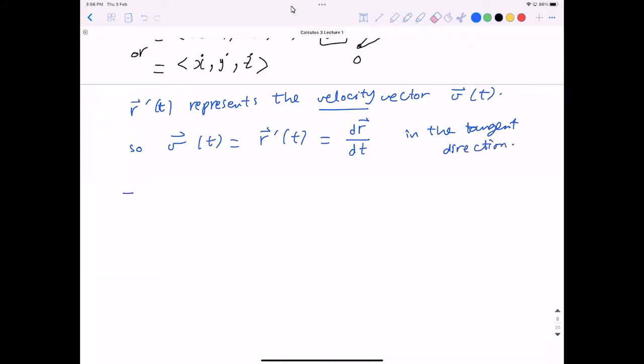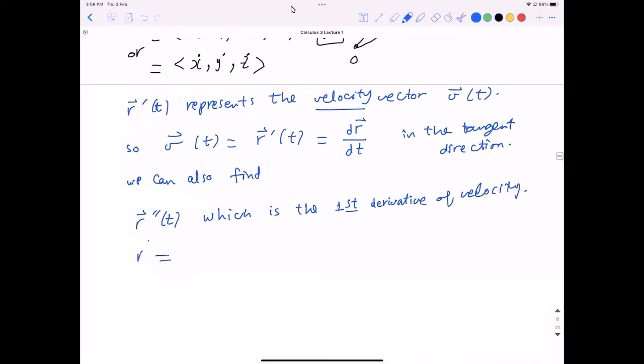Also, as in calculus 1, we can take second and third derivatives and so on. We can also find R double prime of t, which is the acceleration. It is the first derivative of velocity.